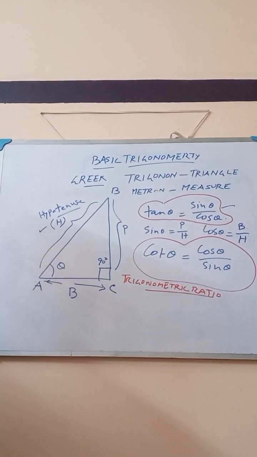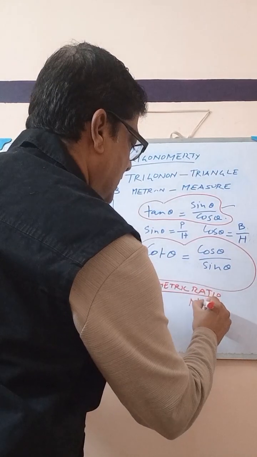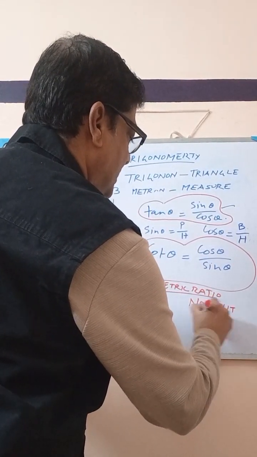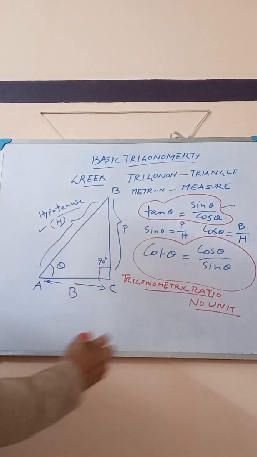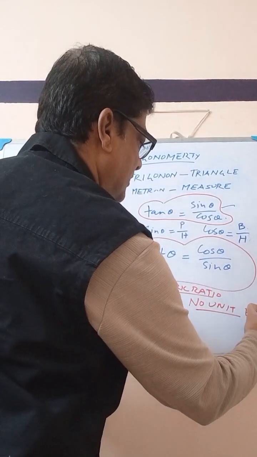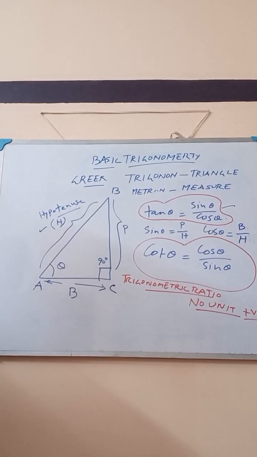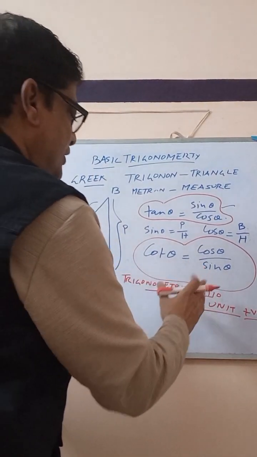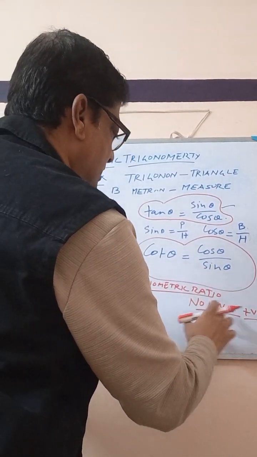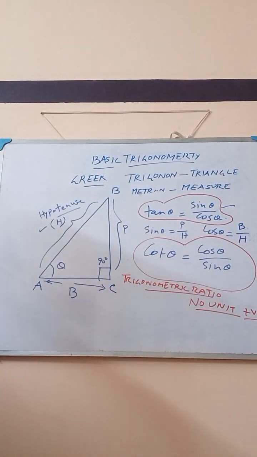So it has no unit. And it is always positive. Why positive? Because the length of a side of a triangle can't be negative. So a trigonometric ratio possesses no unit and it is always positive.